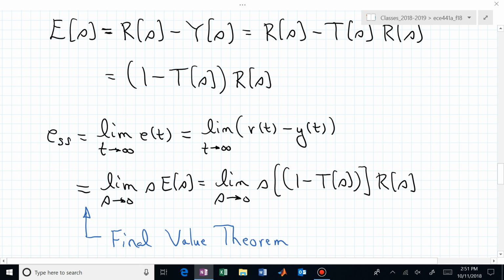We don't have to inverse Laplace transform. We can just look at the limit as S goes to 0 of S times what's in this bracketed expression, 1 minus T of S times R of S.